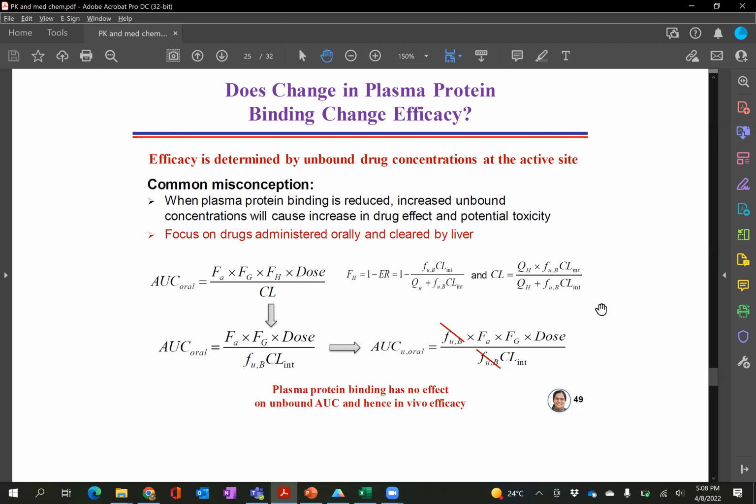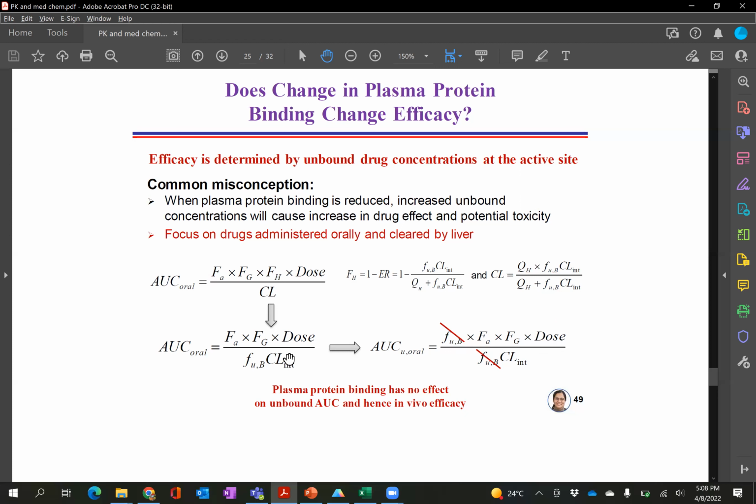Anyway, you guys can go back and think about this, but that's related to what you were saying about some drugs being AUC dependent and some being concentration dependent. Is this saying that AUC is independent of plasma protein binding?